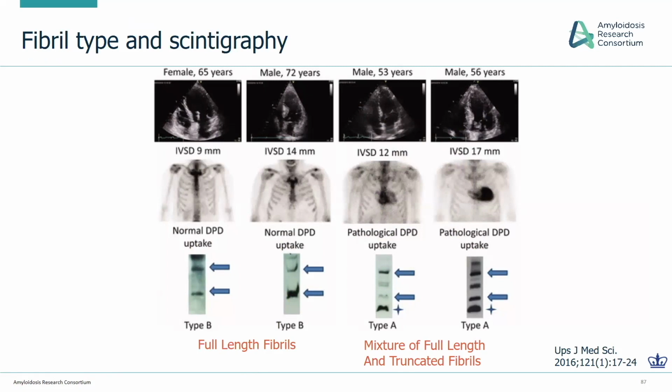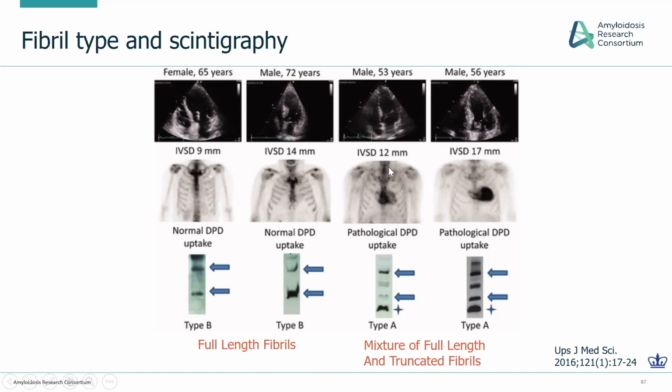He just has a hereditary form of disease that's associated with, if you will, full-length fibrils. And that's been shown by the group in Sweden, in which they characterized fibril length. When you have full-length fibrils, and presumably we assume with PYP scintigraphy, there's no myocardial uptake, despite the fact that there can be a phenotype of cardiac amyloid, whereas a mixture of truncated fibrils, those are the ones that not only deposit in the heart, but also give a positivity to scintigraphy.